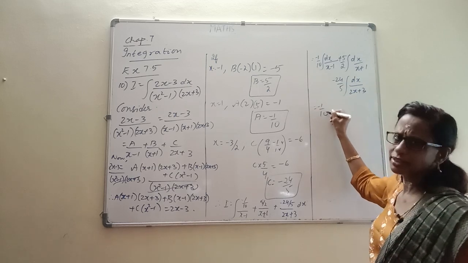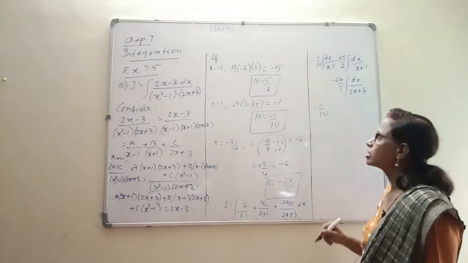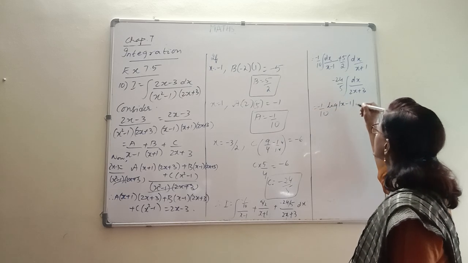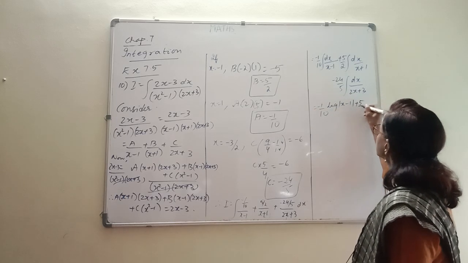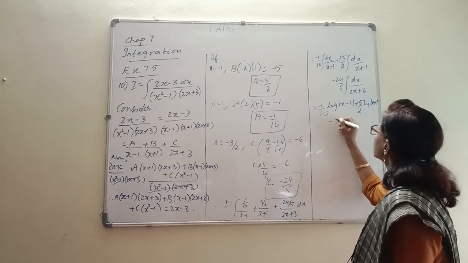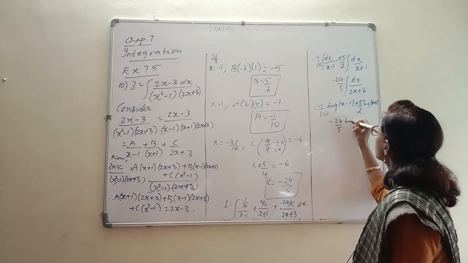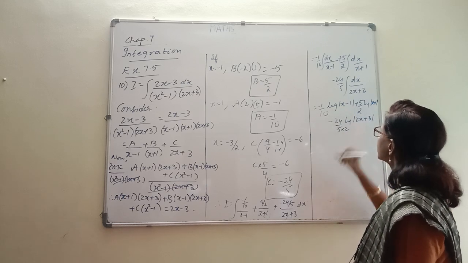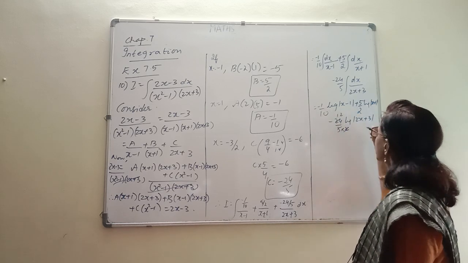Very easy, they are all linears, so they are all going to be logs. So it's going to be log modulus x minus 1, then 5 over 2 log modulus x plus 1, and minus 24 over 5 log modulus 2x plus 3, but because there is 2x, that 2 can come here, and that way it will become 12, plus C.